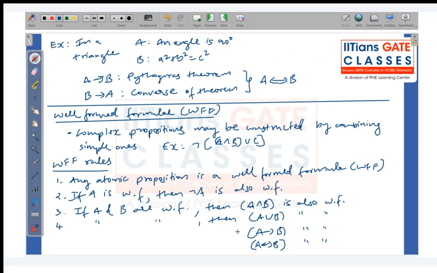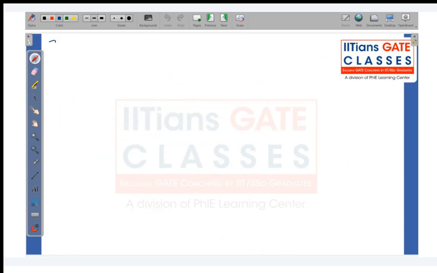And the bi-implication is also well-formed. So total 6 rules I've written here. One more rule is remaining. Unless constructed using above rules, a proposition isn't a well-formed formula.